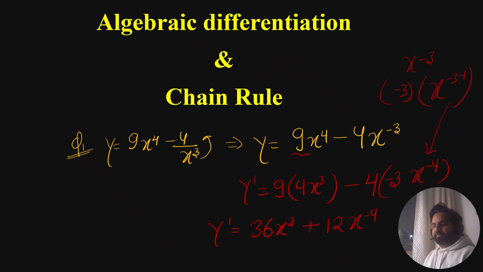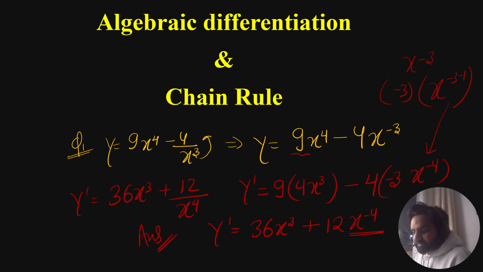Okay, and if you want to simplify further into a fraction, you can write 36 x power 3 plus 12, and this can go in the denominator and that will become x to the power 4. So this is your final answer for this question. Okay, so hope you understand this question. Now let's move to the second question.